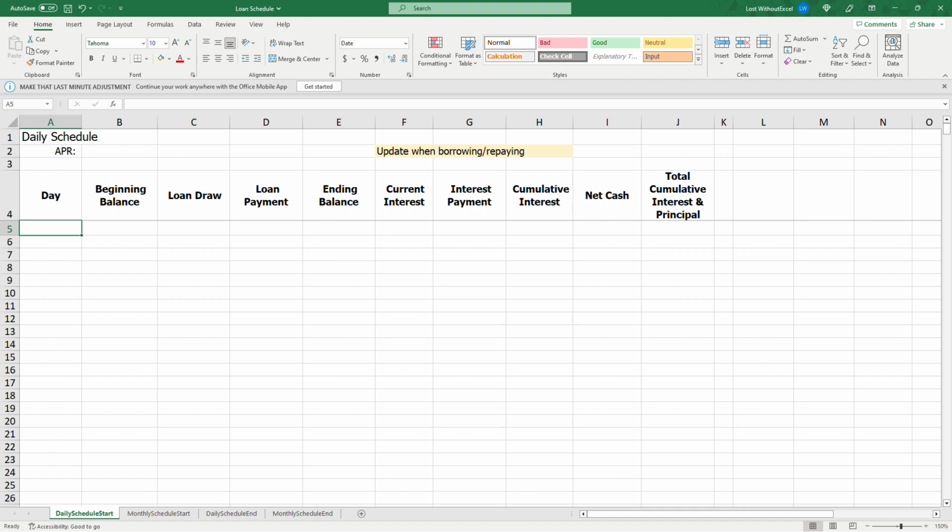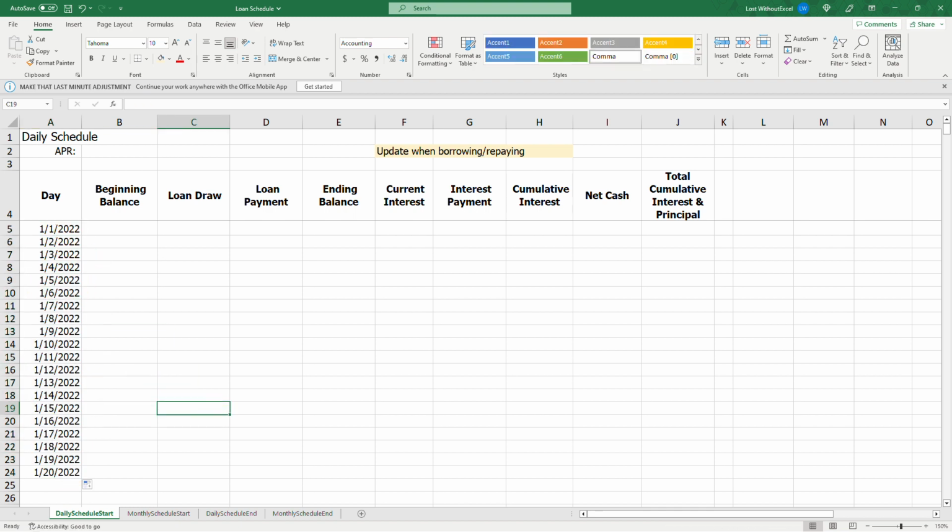The first thing we're going to do is enter whatever month we need to start. I'm doing January of 2022. I'm going to put the first couple of days in here, and then just copy this down however far we want to go. We'll copy down further later, but for now we'll just get a series of days.